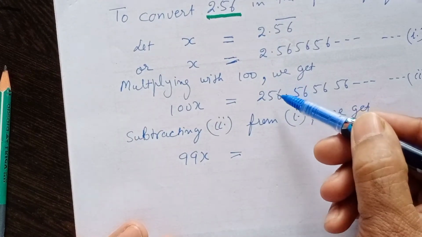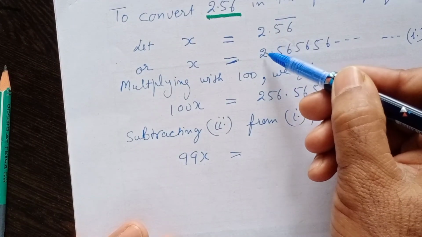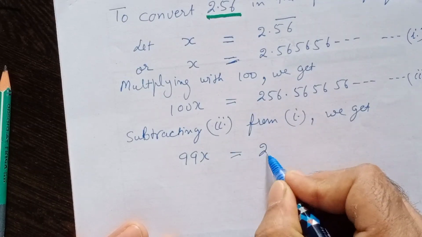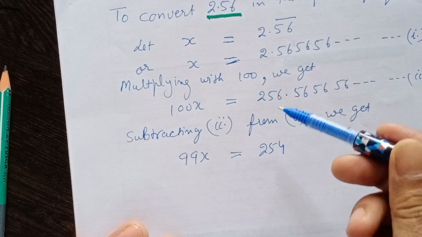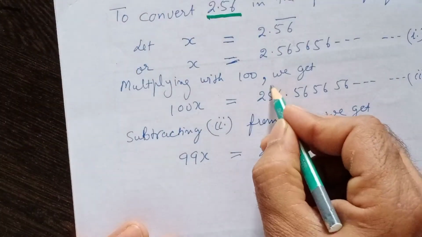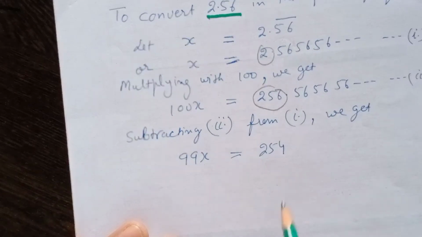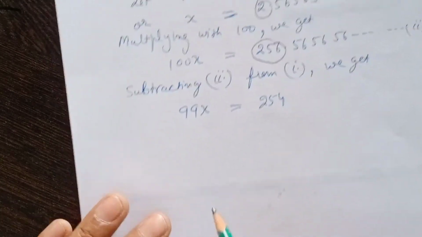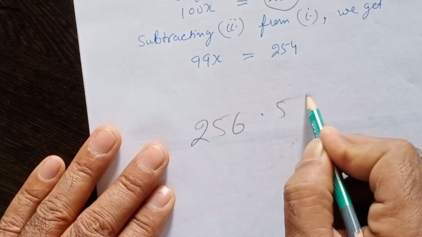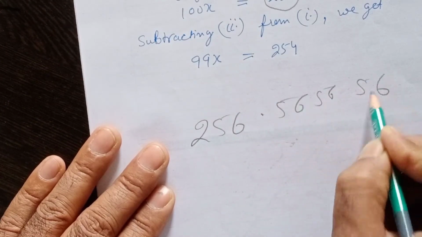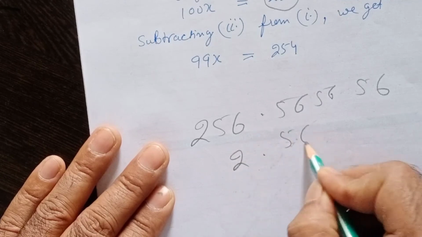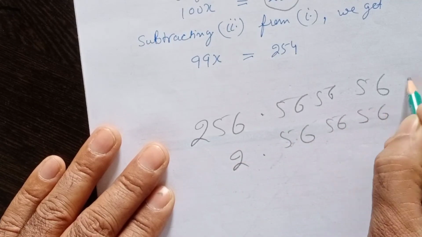Now here 256 minus 2 is 254. I repeat, 256 minus 2 is 254. Or let me do it for you here: 256.565656, and we are subtracting 2.565656.